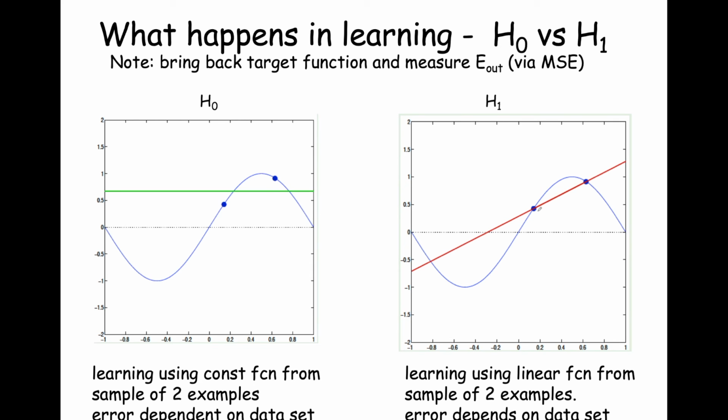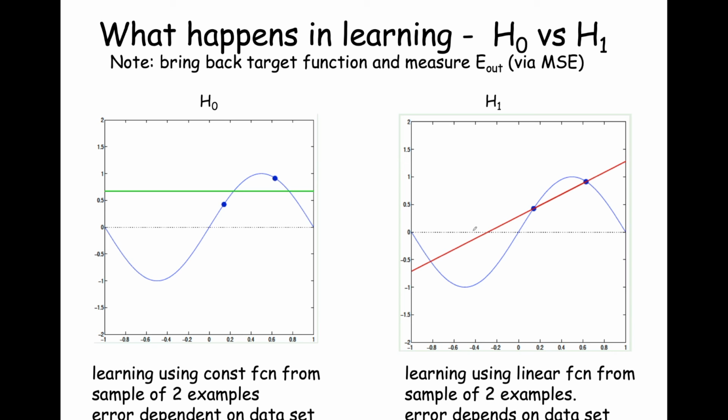And so here we're learning using a constant function from a sample of two examples. It's going to be right in the middle of the y component of these two samples, so this green line for those 2 points. And then for the line, we're going to have the best fit line going through those 2 points that we sampled from the sinusoid.